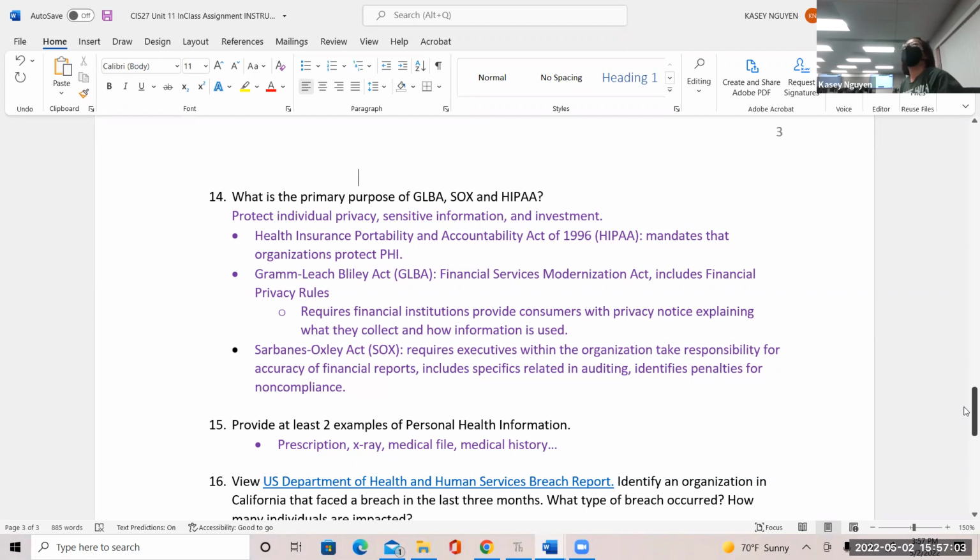GLBA makes sure that the institution provides customers with a privacy notice and what is being collected and how information is used. Now, I think the law has changed a lot in general for privacy. You ever see, when you use this web application or this website, they're going to collect your information, right?